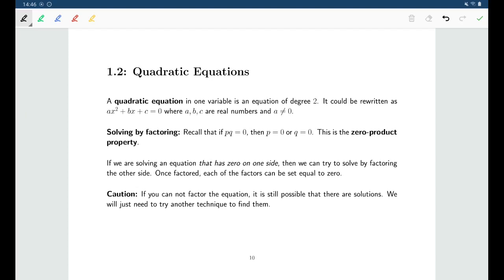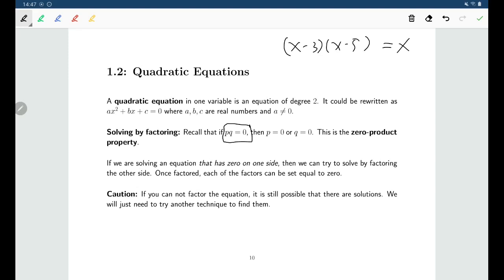We want to see what the factors of that polynomial are, and then once we know what the factors are, those individual factors can be set equal to 0. Now, a couple of cautions here. The zero product property only applies when you have things multiplied together and equal to 0. So if I had something like x minus 3 times x minus 5 equal to x, that's not terribly helpful.